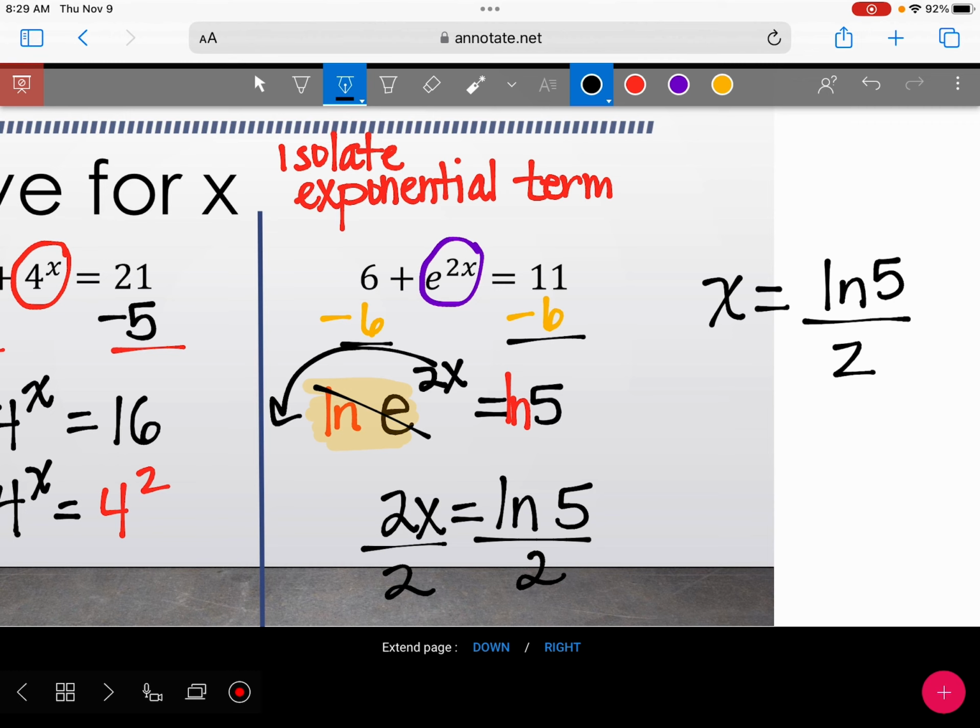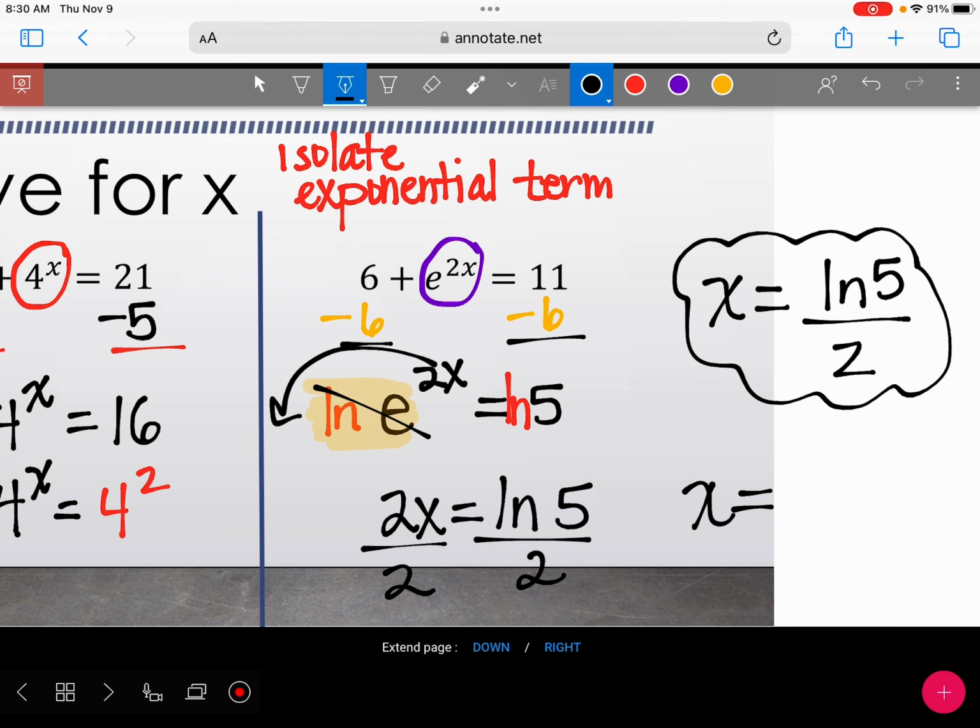Now, on a standardized test, there are some questions where it is no calculator. This is the exact answer. Go ahead and type this in your calculator to get the approximate answer. Now, when you type this in your calculator, most calculators, when you hit the natural log, start a parenthesis.